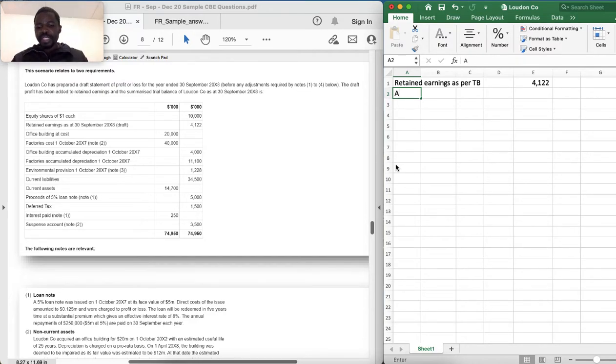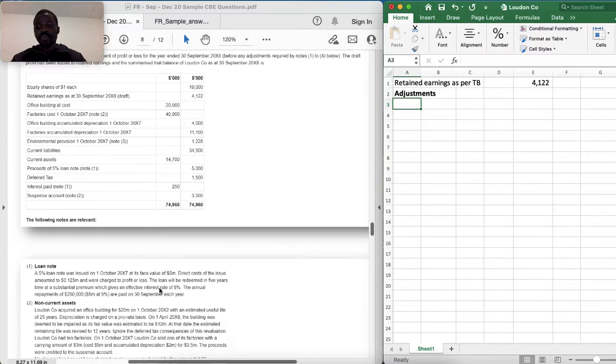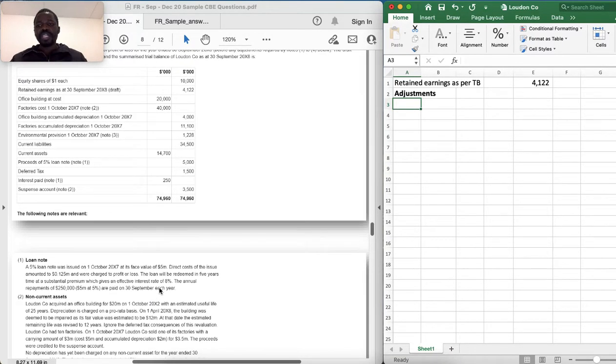So we'll say adjustments. When we are reading notes 1 to 4, if we encounter something that needs to go to retained earnings or profit for the year, we'll quickly take it to the adjustments column there.